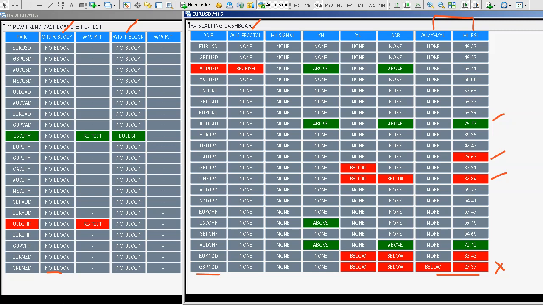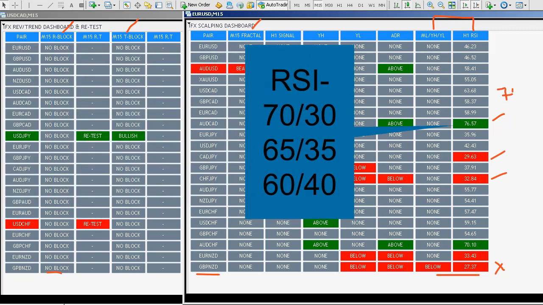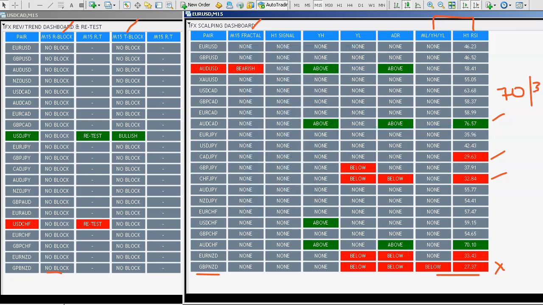So the way we're using it, we could use 70-30, as we usually use for overextended, or we can be a little bit more conservative, maybe 60-40, so that once it's overextended at 60-40, I'm going to ignore an entry. So you can use somewhere in between here. Maybe I could use 65 and 35, something like that, but it's up to you.